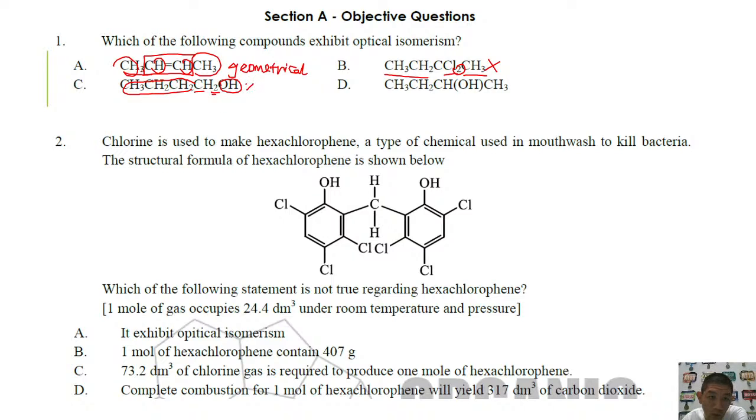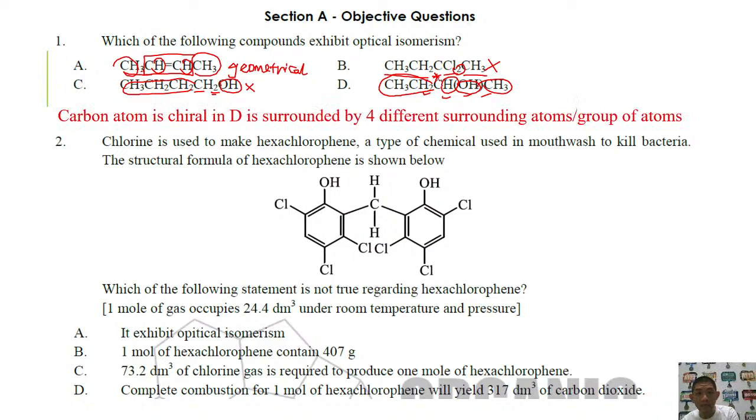This one also will not exhibit optical isomerism. As for D, it is surrounded by CH2, CH3, H, OH, and CH3. So we have four different surrounding atoms, which makes this carbon a chiral carbon atom, hence it exhibits optical isomerism. So the answer for question number 1 is D.